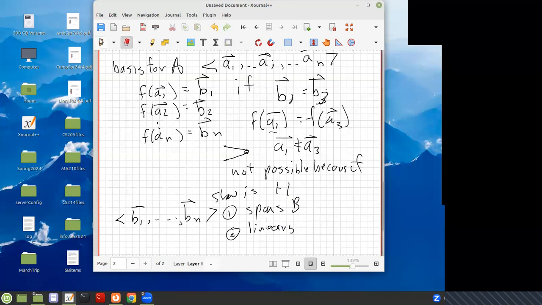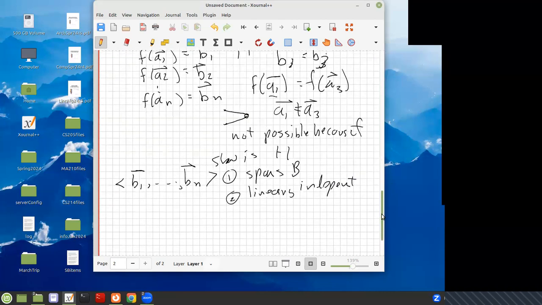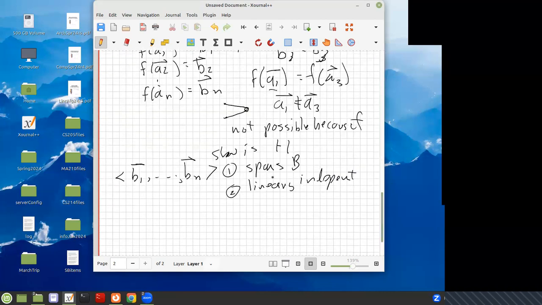And we have to do that without knowing anything concretely about the vectors, but just that F is an isomorphism. Well, let's see if it spans B. Let's choose an arbitrary vector in B, right?